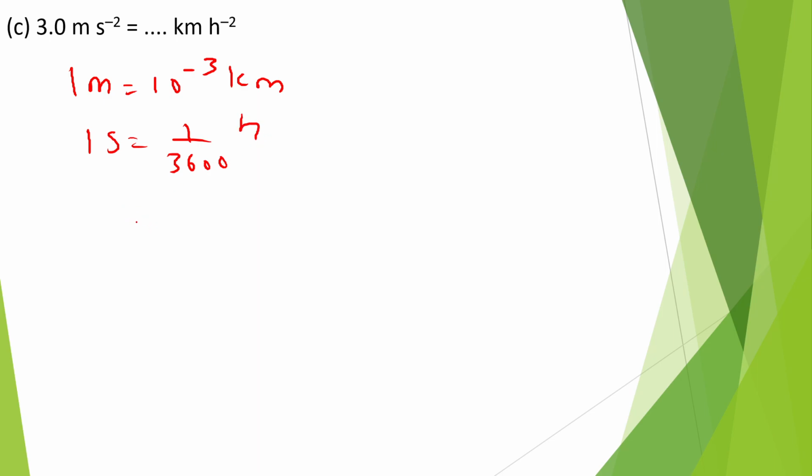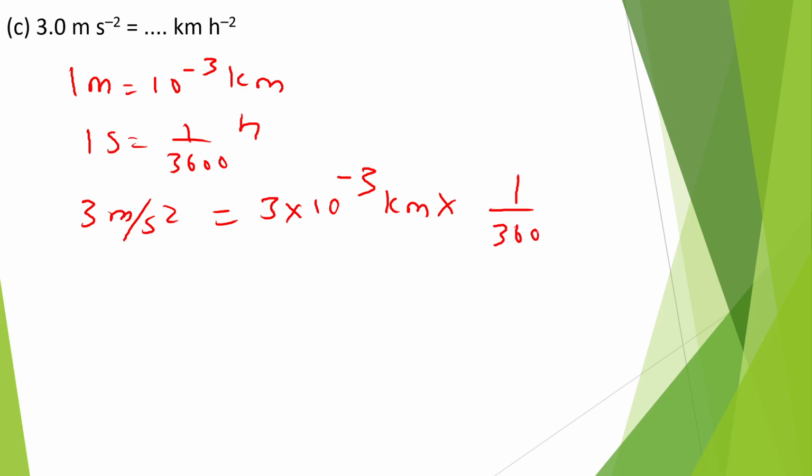So when you do this substitution, you are getting 3 meter per second square equals 3 multiplied with 10 to the power minus 3 kilometer multiplied with 1 by 3600 hour, all to the power minus 2.